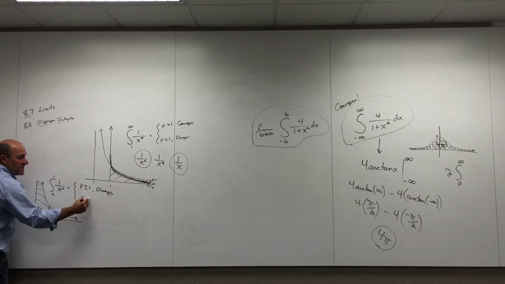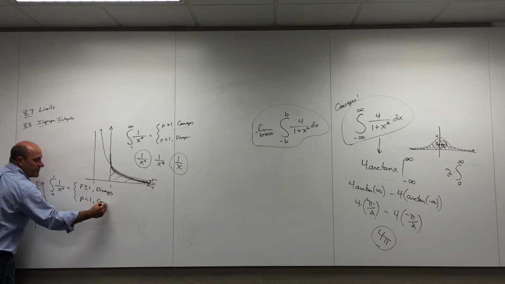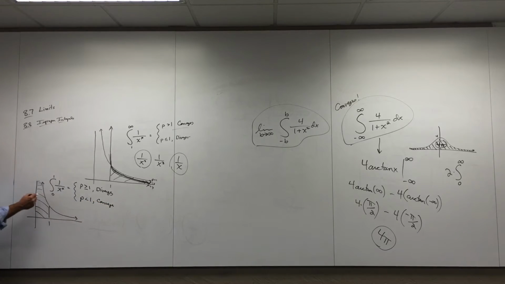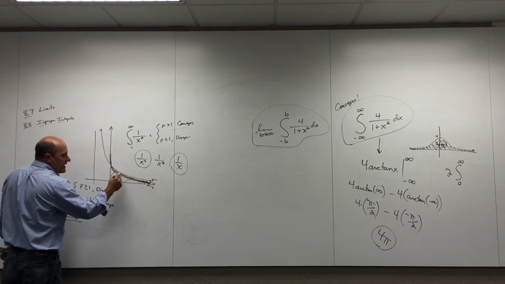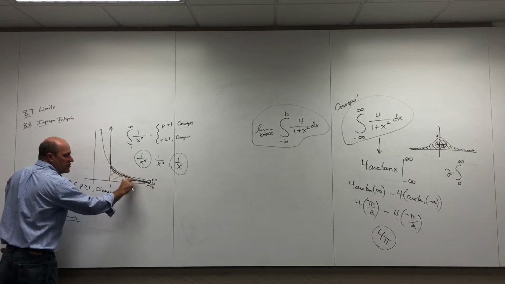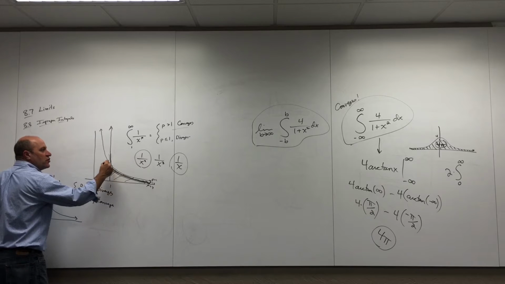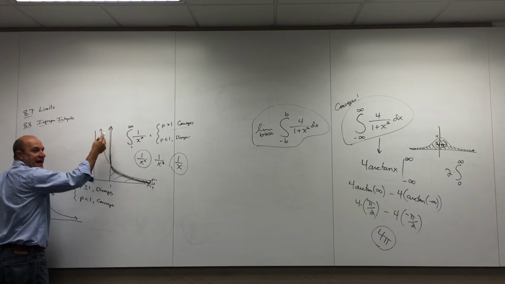And when p is less than 1, those are the ones that converge. That's over here on this picture. It's a different picture. I just said that 1 over x squared is tight here, converges here, but it's loose here, so it diverges here.